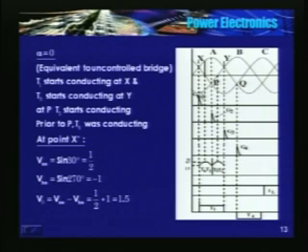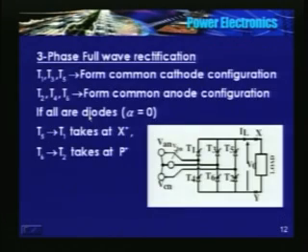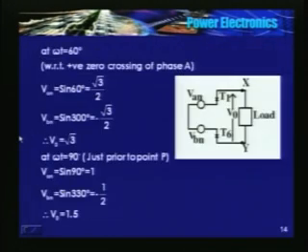So the potential of bus Y is VBN, and the potential of X is VAN. So the equivalent circuit is C, VAN, T1, X, load, Y, T6, VBN. This is the equivalent circuit.